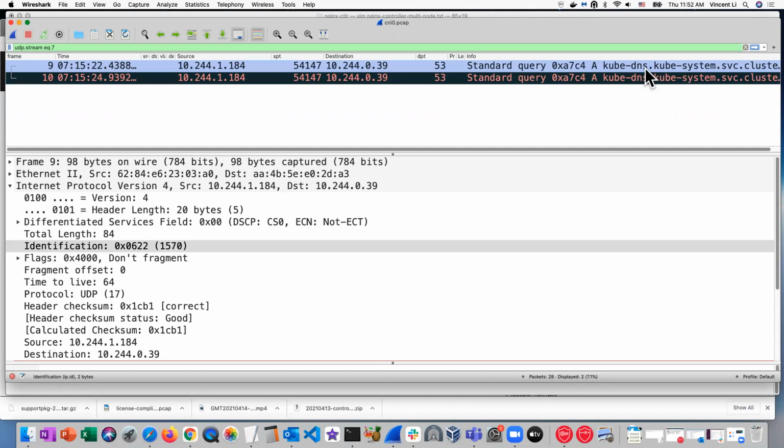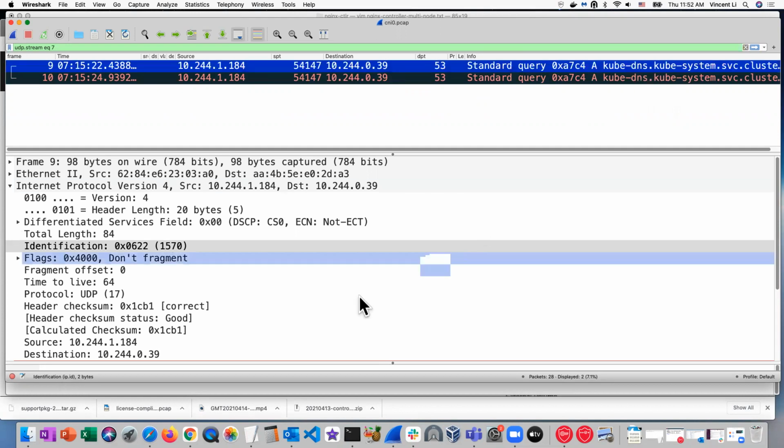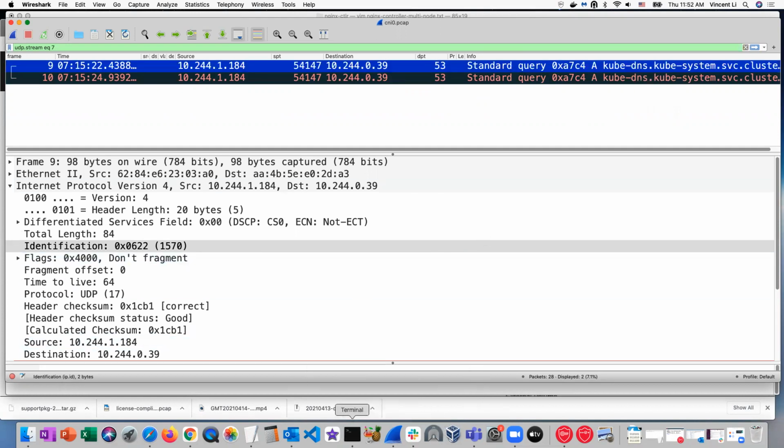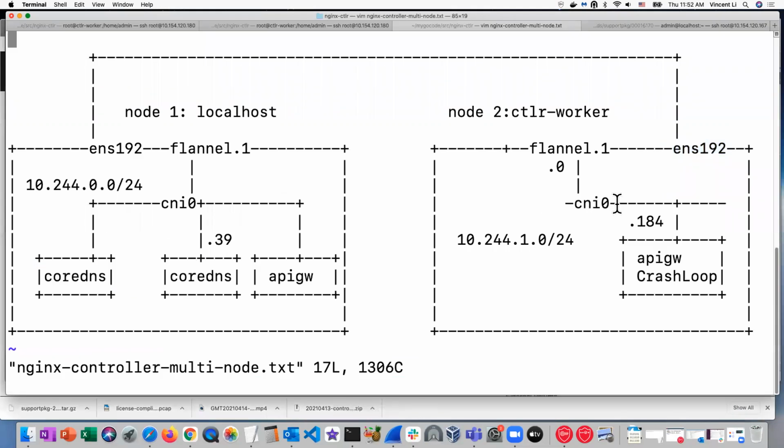And so this is a capture on the CNI0 bridge. So we still have the original packet that's not encapsulated.